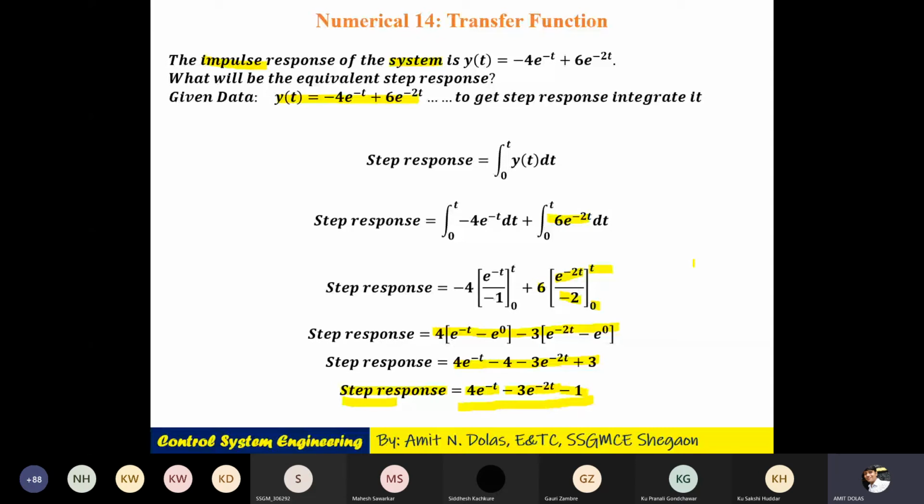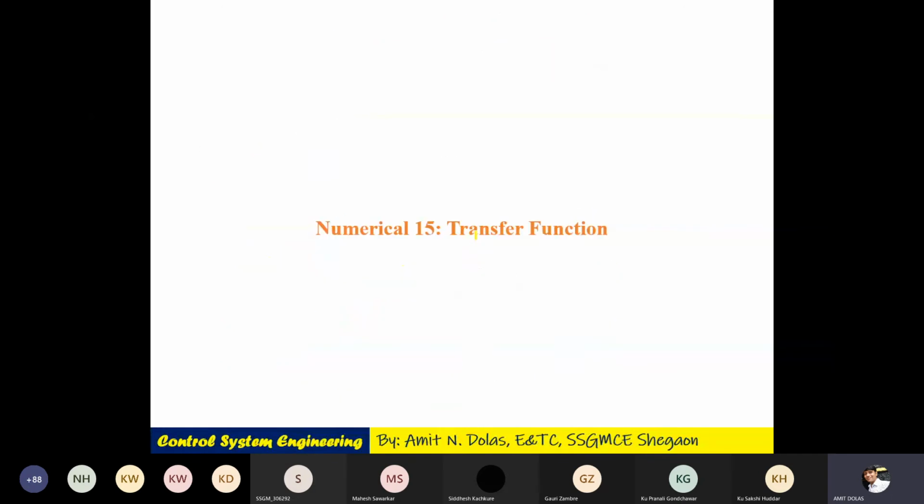So the behavior is different for different signals. Thereby you have to be able to convert from any of the signals, from impulse to step, step to ramp, or maybe to parabola. If different signals are given, you should be able to calculate the response.